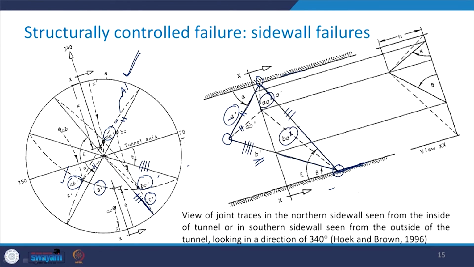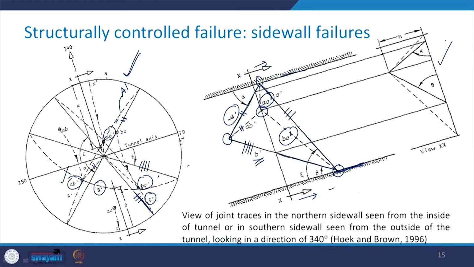Wherever these three intersect, that point is going to give you the apex, and then you project it in this particular direction, and following the same procedure as we had in case of the roof failure, you can construct this.